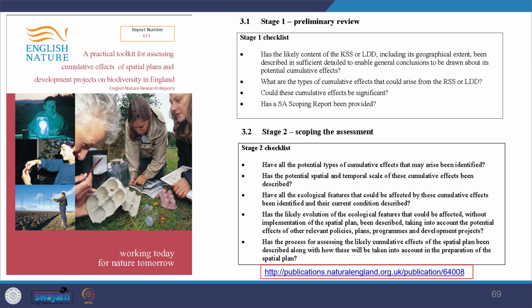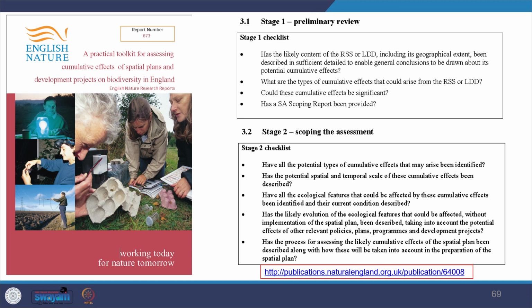So you see that scoping and baseline deals with finding out what the key effects and key VECs are, and then you will also notice that a lot of back and forth work has to be done. When you're preparing something for scoping, you need to define what cumulative effects mean in your context.